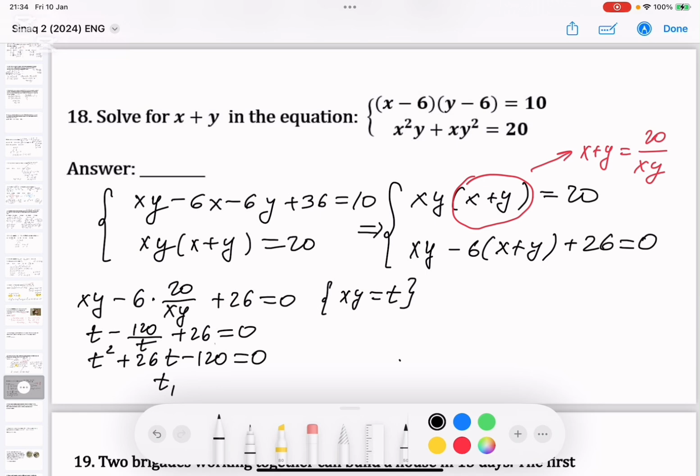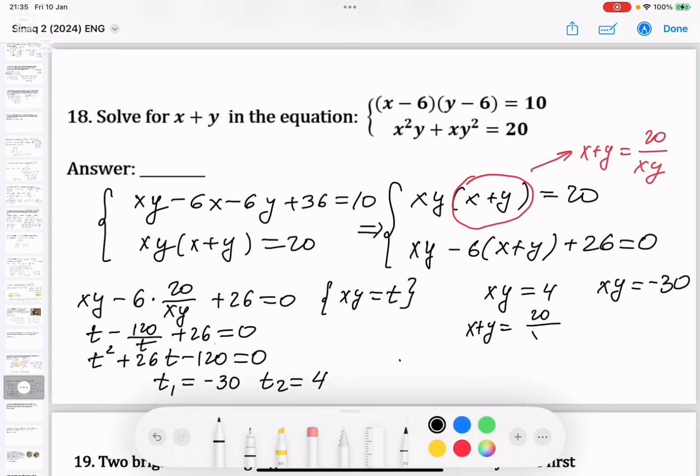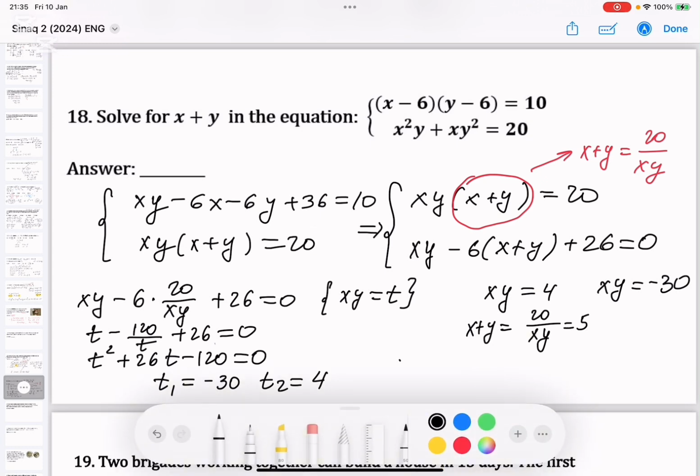So first t1 would be equal to negative 30, and t2 is 4. Now, basically xy is equal to 4 and xy is equal to negative 30. When xy is equal to 4, we have to find the sum x plus y. So it's going to be 20 divided by xy, or 5.